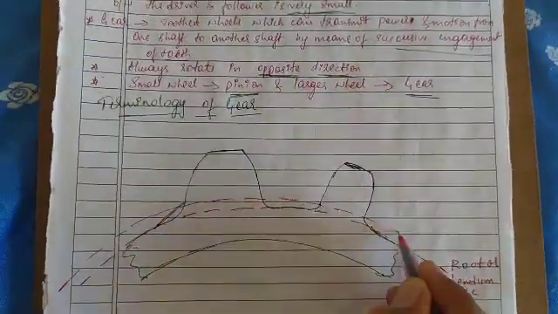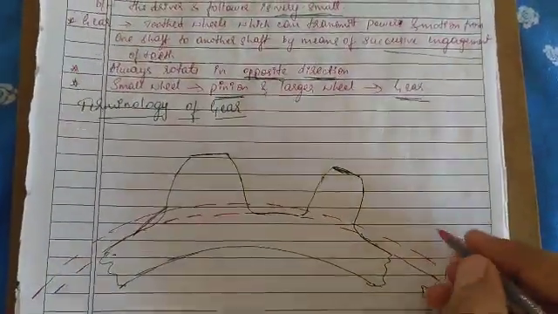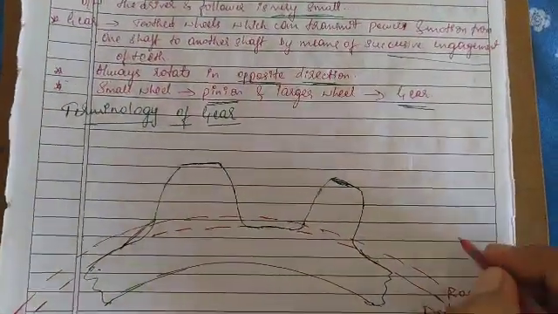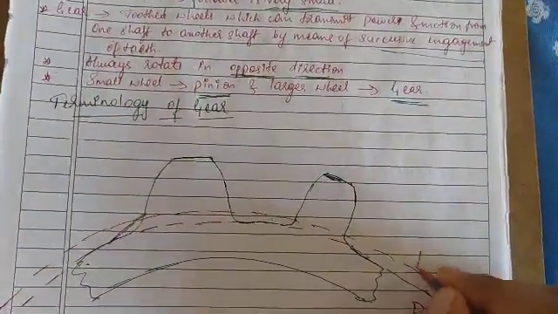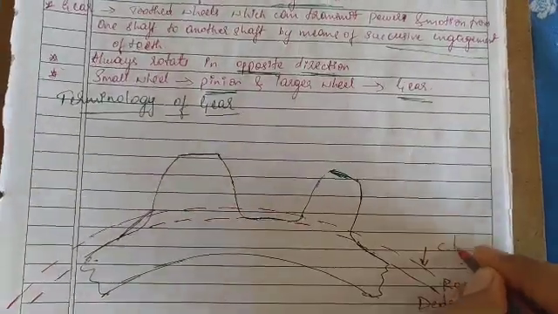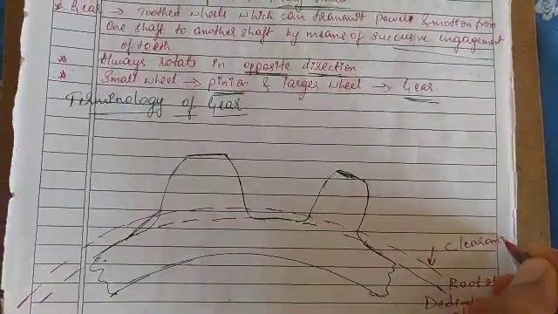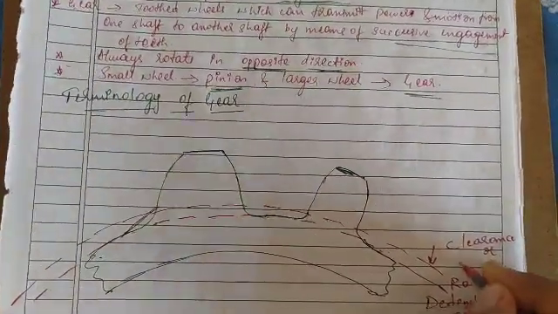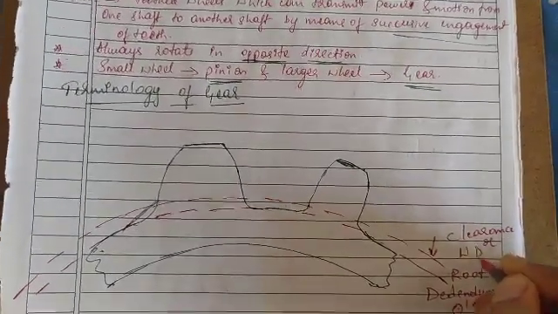So this is the clearance or working depth circle.